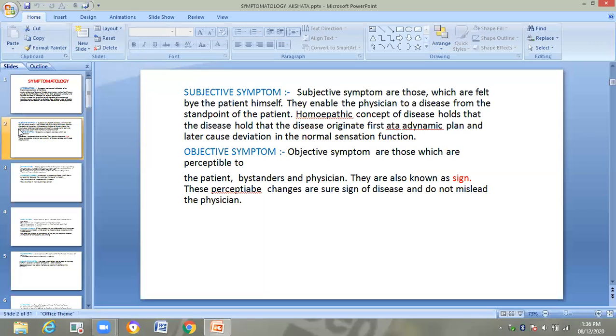All the reports are normal. According to Dr. Stuart Close, these subjective symptoms are very important because with these symptoms we directly approach the inner level of the person.